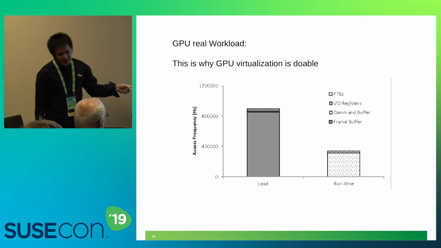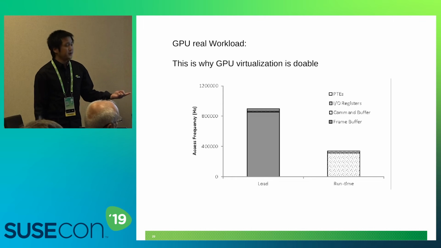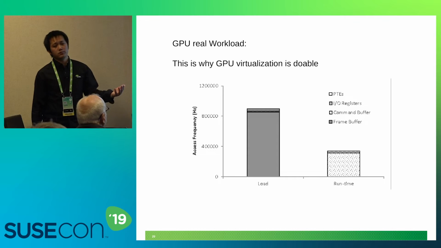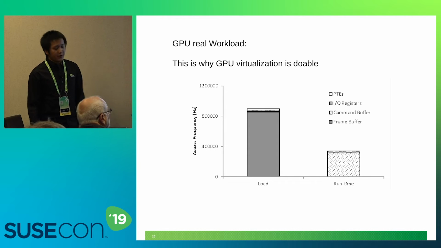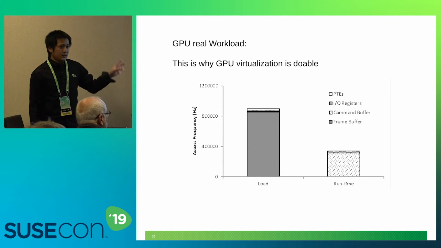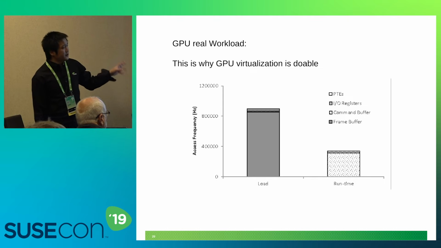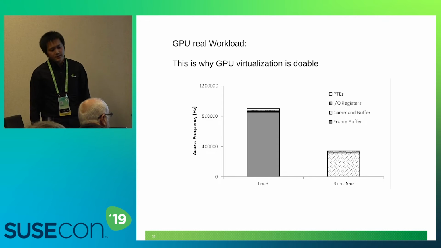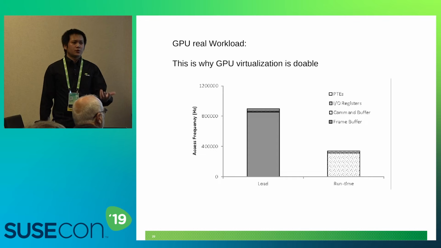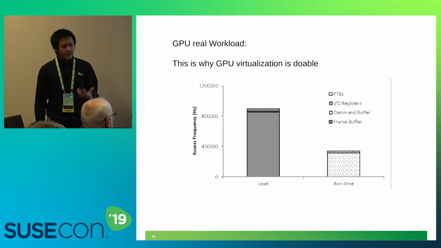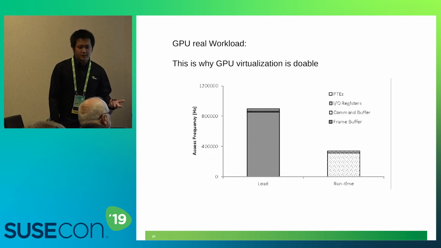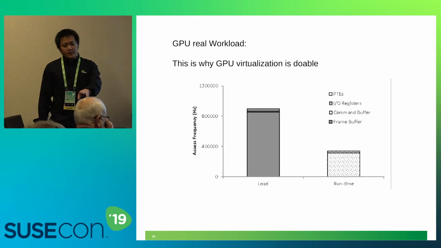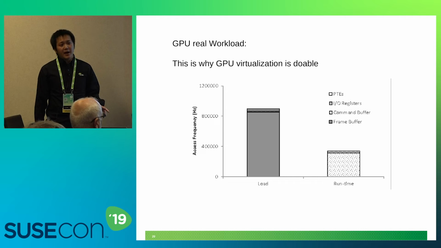This is kind of why GPU virtualization is more doable, and you get more performance. Because in some university research, they found that when you're loading a GPU task and running it, most of the time is spent on two things, the command buffer and the frame buffer.